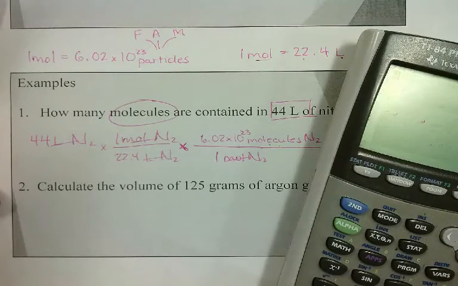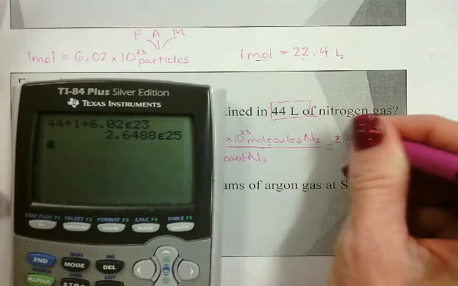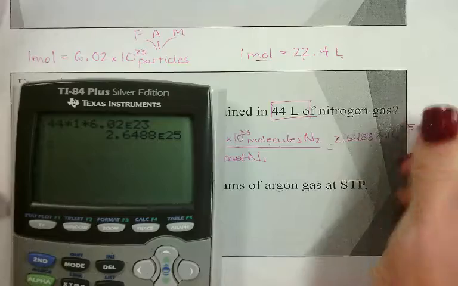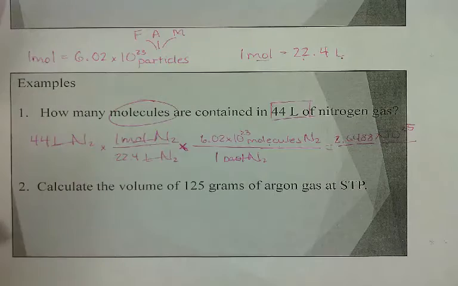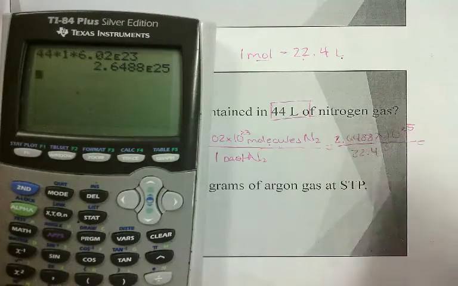44 times 1 times Avogadro's number gives that number right there, 2.6488 times 10 to the 25th, divided by what's in the denominator, just 22.4. Let's see what that is.